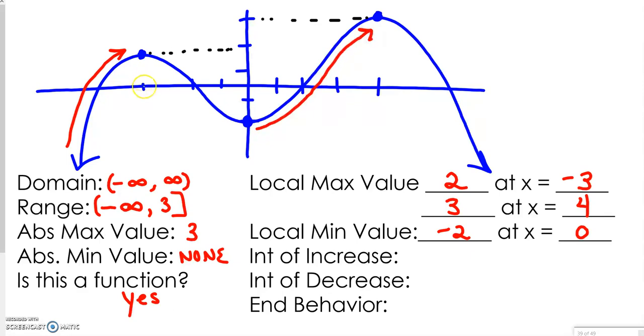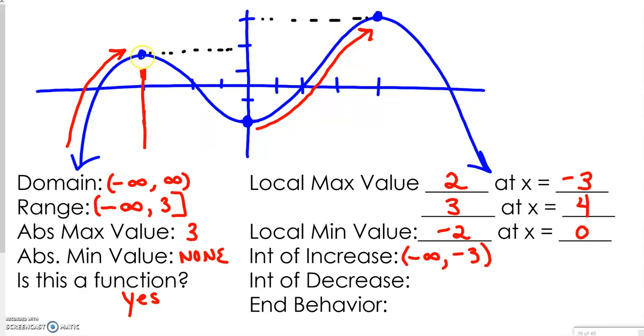So I'm looking for, where does that interval start and stop? So I'm coming from x's, well, I don't see a start to those x's. So I'm increasing from -infinity up until when x is -3. And I'm always using parentheses here because I'm not including that maximum point.